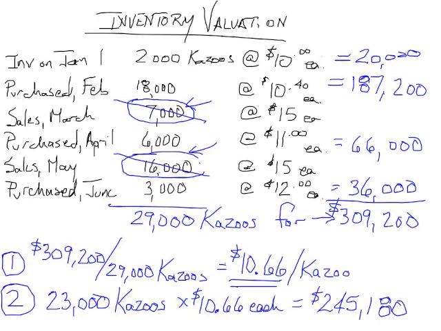How would you come up with ending inventory? You would basically say, well, how many are still sitting in my ending inventory? I purchased a total of 29,000 kazoos.